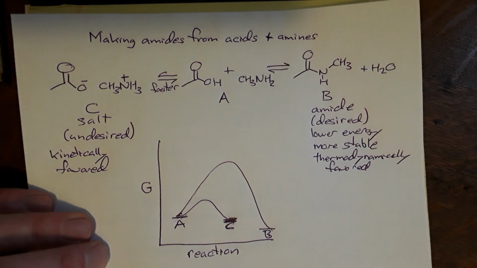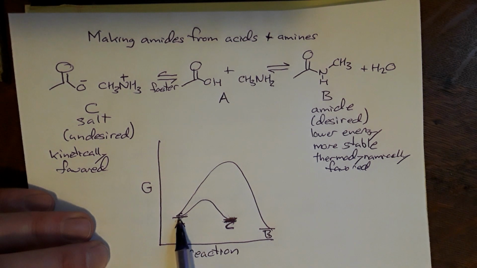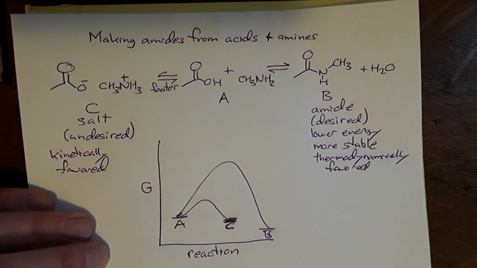Then it reaches equilibrium. When we're at an equilibrium state, what is going to be the major product or major reactant? A, C, or B? Again, the thermodynamically more stable, the lowest energy will be favored at equilibrium.